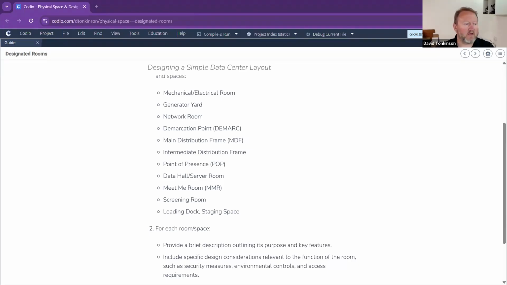I mean, that's okay. It's not a case of doing anything perfectly. It's just a case of drawing a nice little room and working out where you'd put something like a generator room, where you'd put a network room.